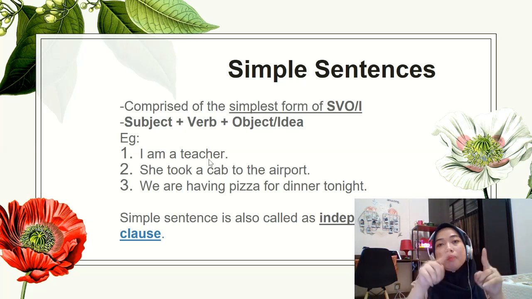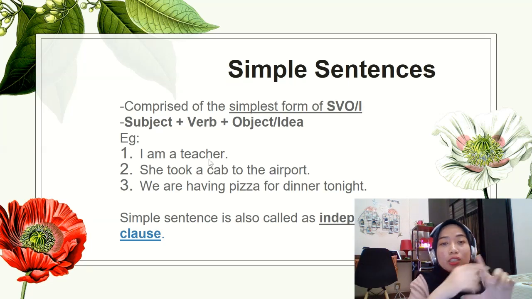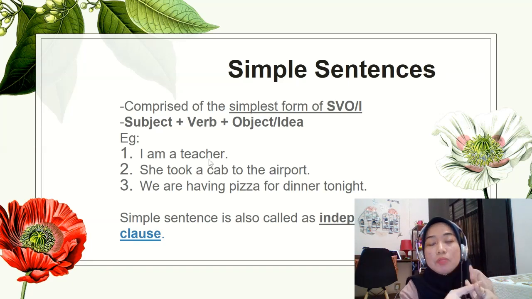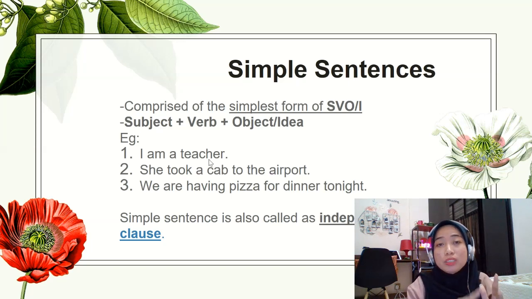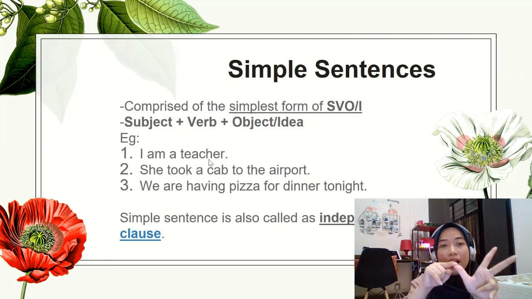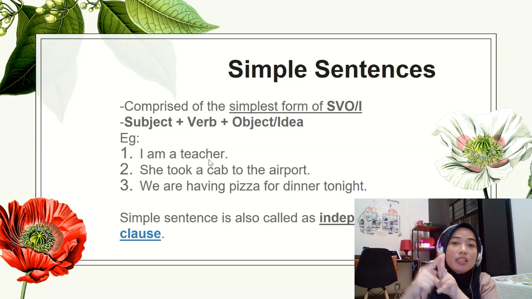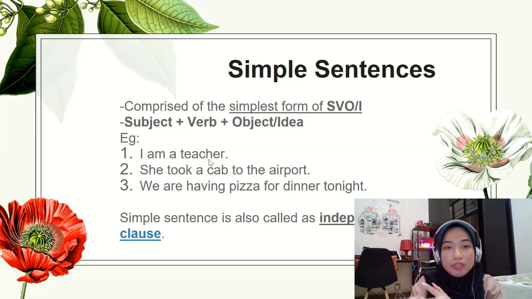Am is the verb be, which is indicating a state verb. A teacher here is the object or an idea of the whole sentence. Okay? I, subject, verb, am. A teacher is the object or an idea of it.